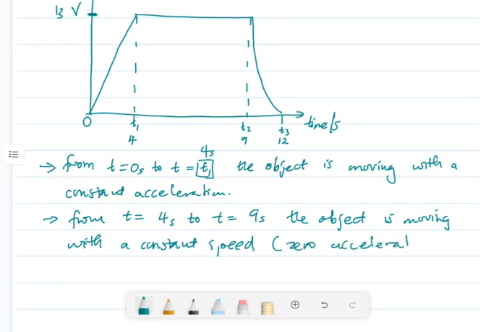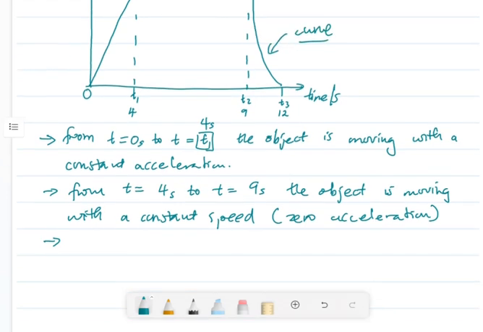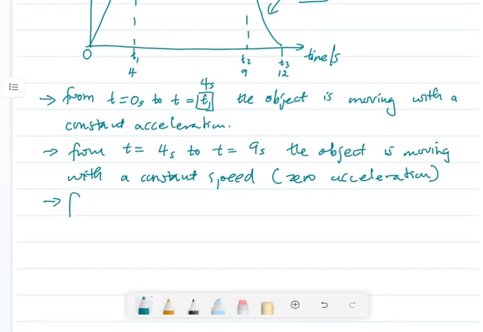That's when I say it with 0 acceleration there, okay? Because the speed is not changing there. 0 acceleration. And then finally, there's a curve there. If you check, this one is a curve. So if it's a curve, then it means there is non-uniform deceleration there.